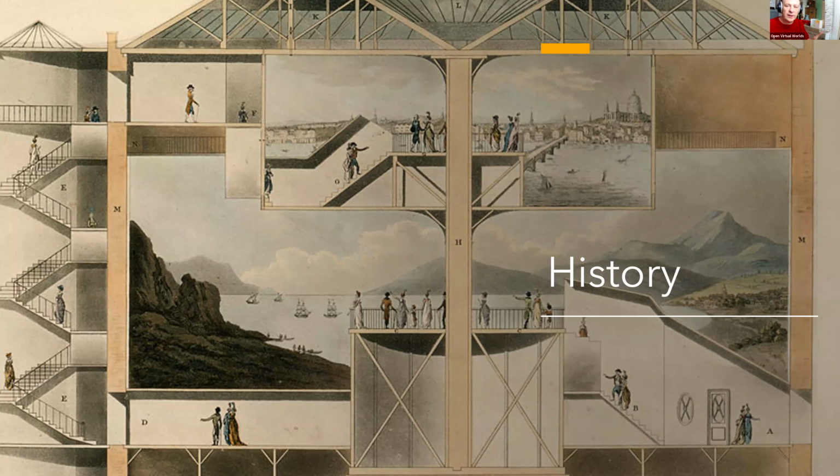But with the movies, you could have a different movie every week in a movie theater, and with the panoramas, the big mechanical constructions, it would be a few a year.